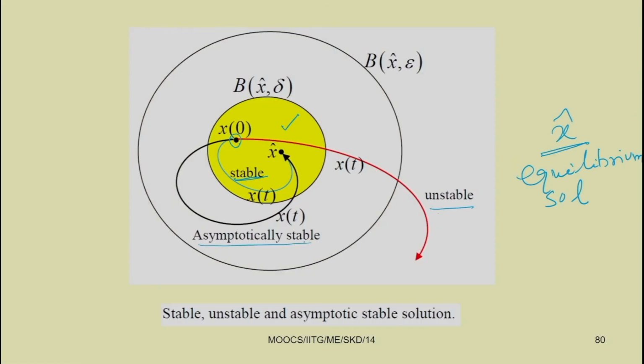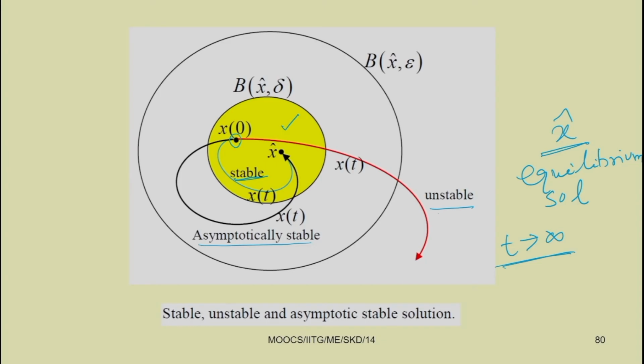That means if the response comes back to the original state, or remains within a certain value of delta as time tends to infinity, then it is known as asymptotically stable.